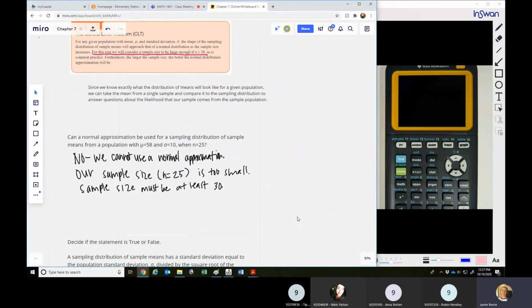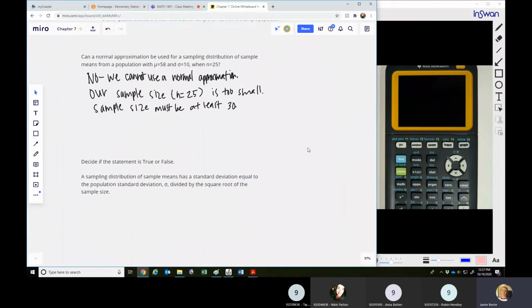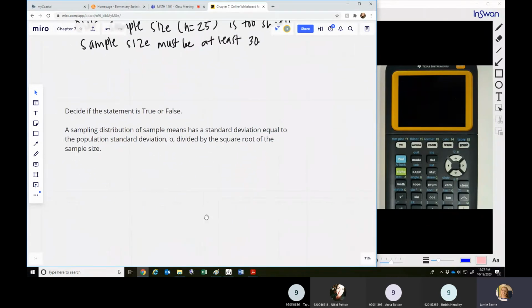All right, and then I think I have 2 more questions, and then we'll be done for today. This was at the beginning of my homework set, but I think it depends on yours. It may not be at the very beginning. It says, decide if the statement is true or false. A sampling distribution of sample means has a standard deviation equal to the population standard deviation, sigma, divided by the square root of the sample size.